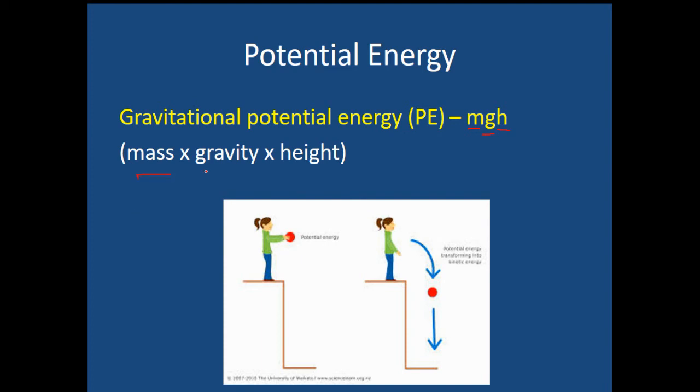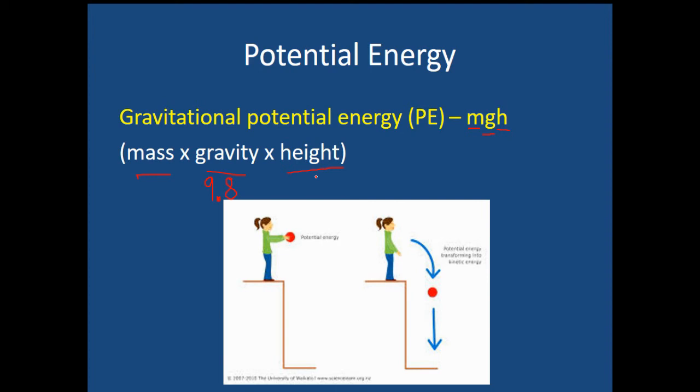So mass times gravity times height. If you recall, on Earth, gravity is 9.8. The mass will be the mass of the object, and the height will be however high it is off the ground. So the higher you lift an object, the more potential energy it's going to have.